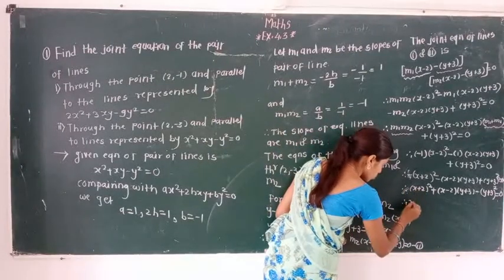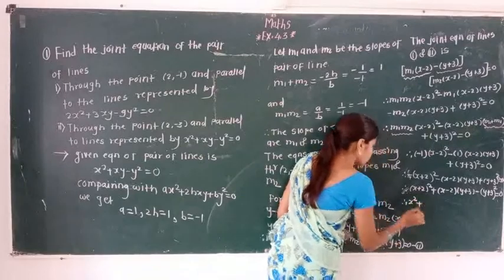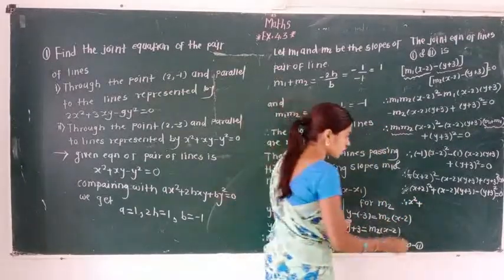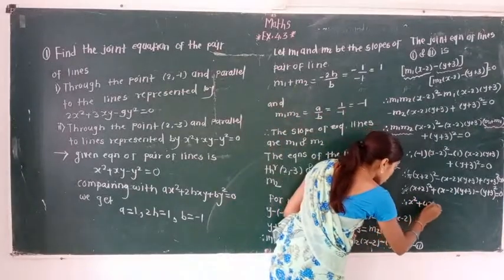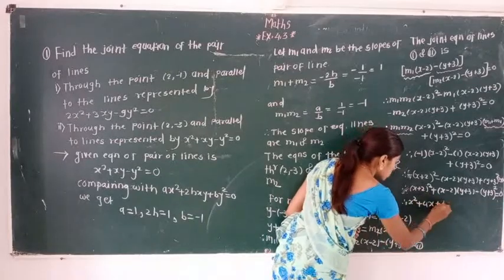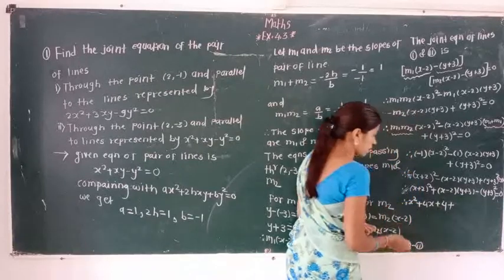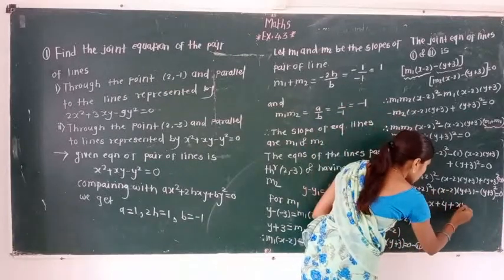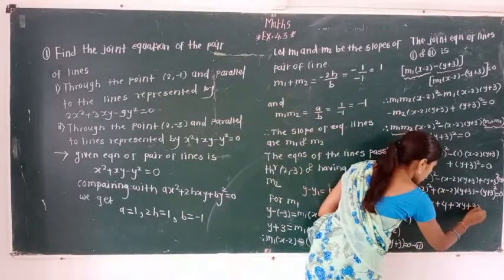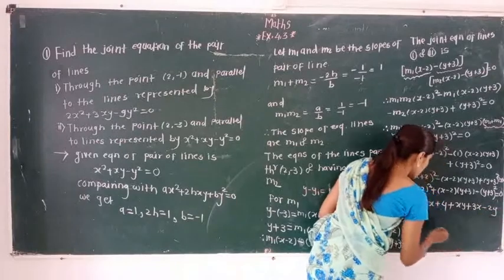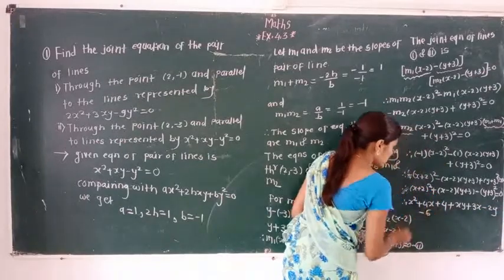We can write the square of the first term: x square, plus 2 times first term into second term, 4x, plus second term square, 4. Now plus the product of these two brackets: xy plus 3x minus 2y minus 6.